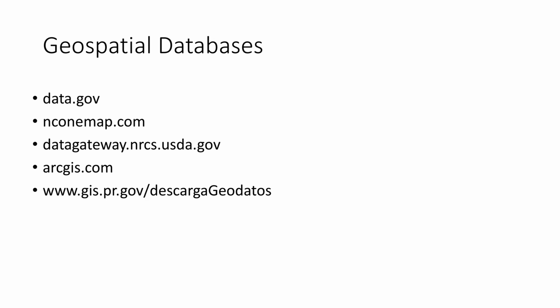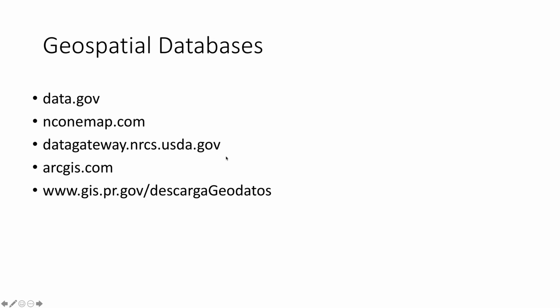Lastly, I'll just touch on some geospatial databases. So when I say geospatial databases, I'm referring to these websites which we can download and gather geospatial data from. So data.gov is a very good resource where you can find some geospatial data. I think my favorite, though, is this Data Gateway by the NRCS and USDA.